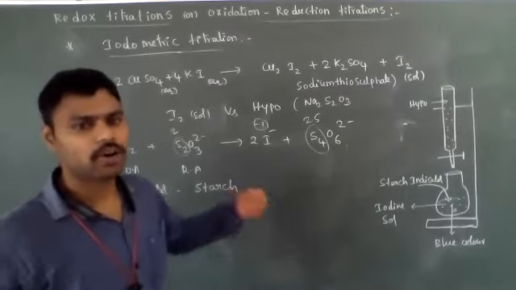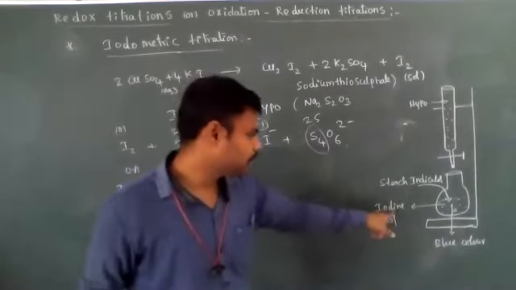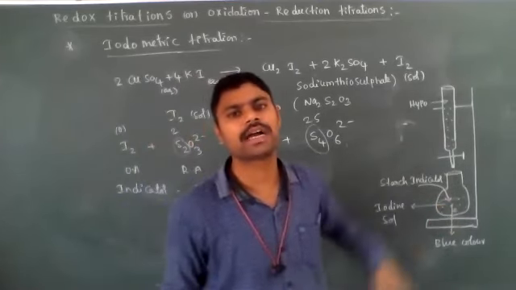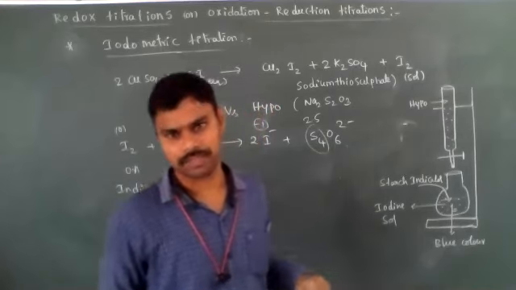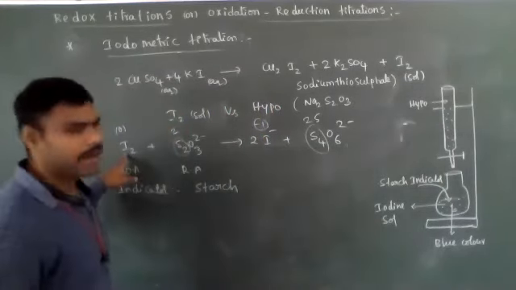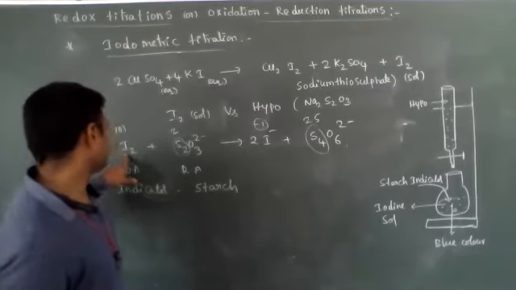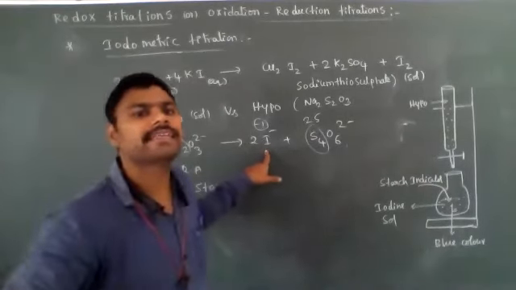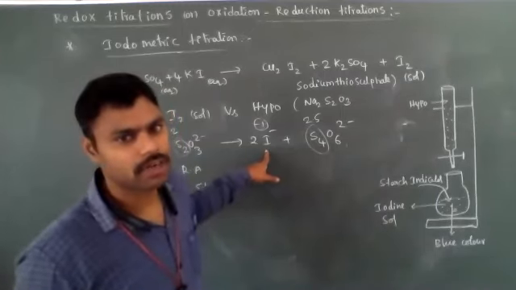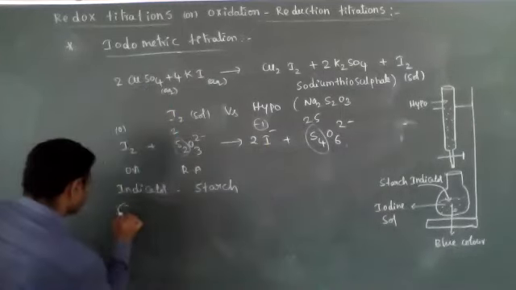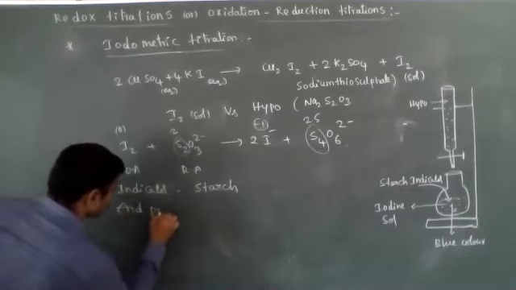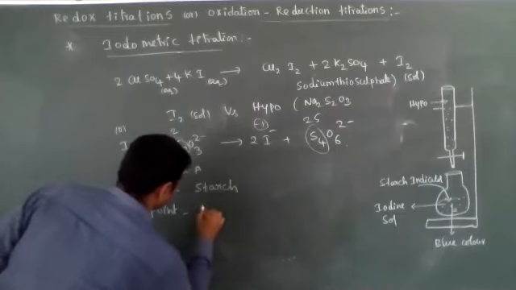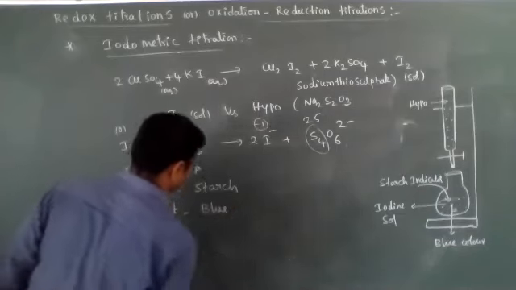Whenever starch and iodine are present, immediately a blue color forms due to the presence of I2. When that I2 is converted into I minus, the blue color disappears and becomes colorless. That means the end point: blue color to colorless.